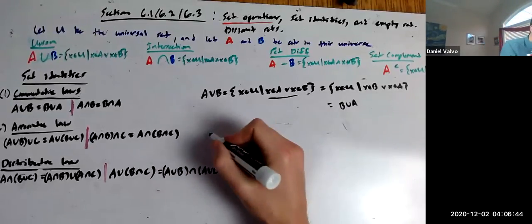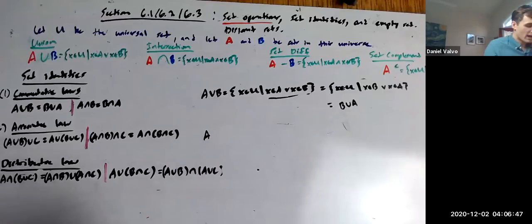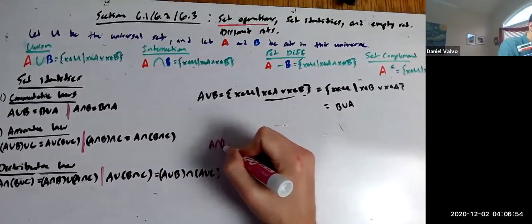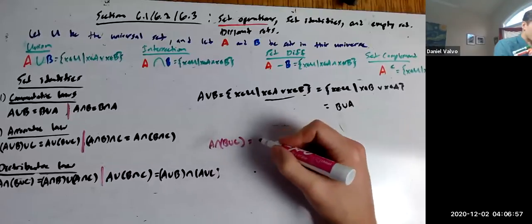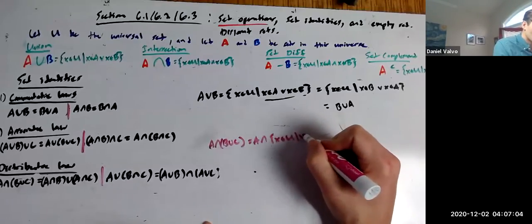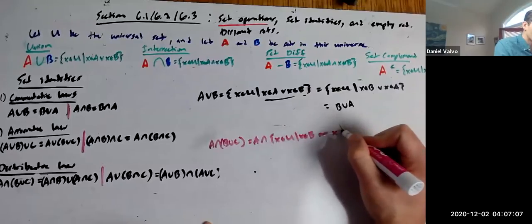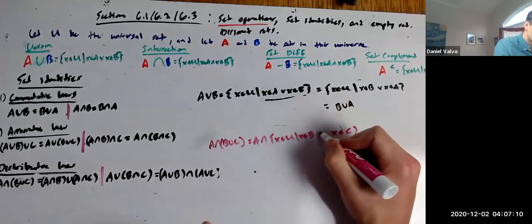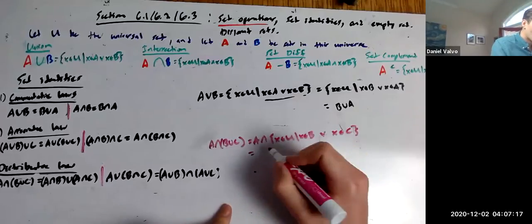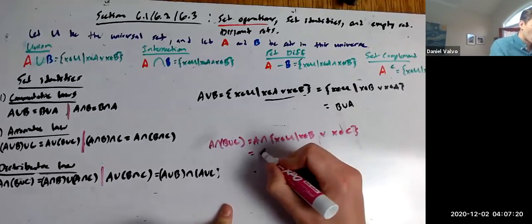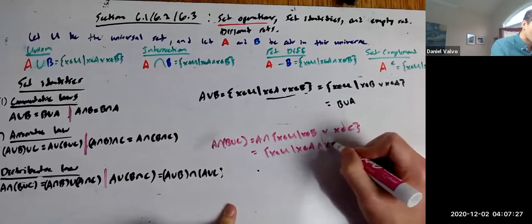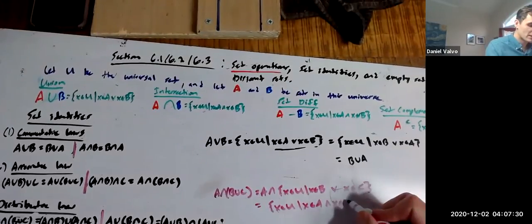Like if we have A intersect (B union C), well, B union C is all x in U such that x is in B or x is in C. But then if we intersect that with A, by definition this is going to be all x in U such that x is in A and x is in this set B union C.